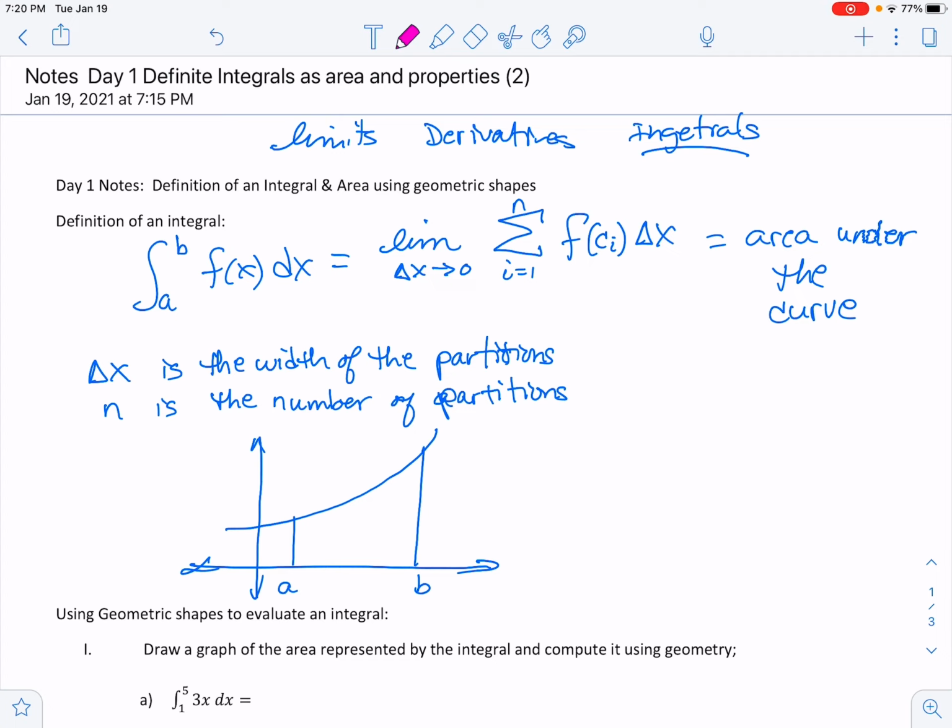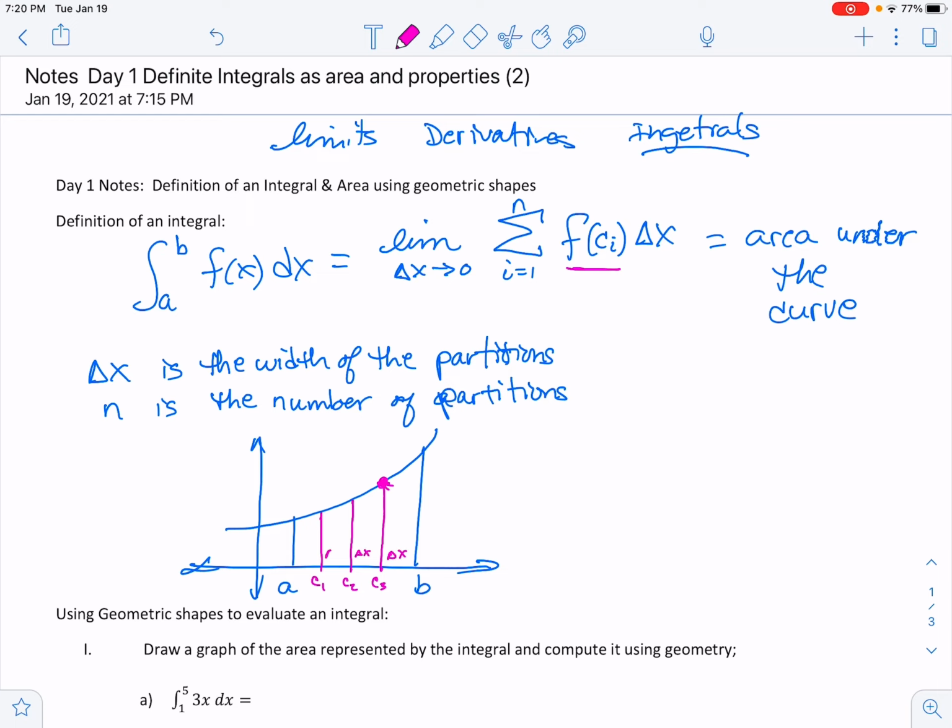I'm going to draw partitions. Okay? And I'm going to have C1, and you have C2, and you have C3, okay? And there are certain heights. So when you do f of Ci, that's the y value. Delta x is the difference between them.